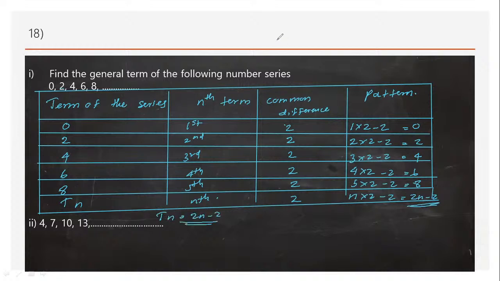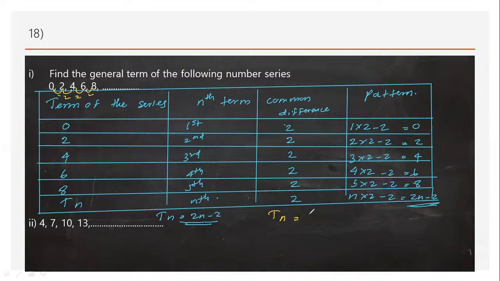You can get this answer straightly without doing like this. How? When you are finding the general term, first you have to find the common difference, by subtracting the previous term from the next term. Now look here, 2 subtract 0, 2. 4 subtract 2, 2. 6 subtract 4, 2. 8 subtract 6, 2.